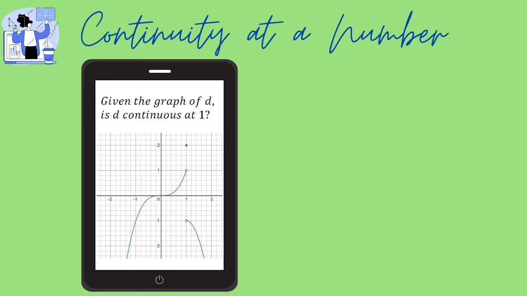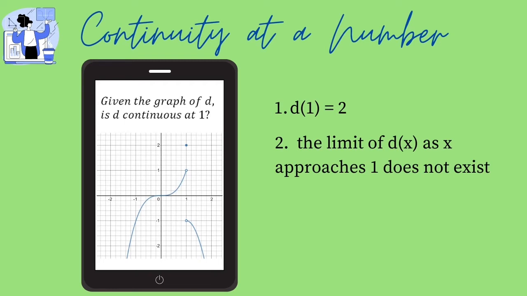We find in the graph that d of 1 is equal to 2, while the limit of d of x as x approaches 1 does not exist, since from the left of 1 the limit is 1, and from the right of 1 the limit is negative 1. Hence, d is discontinuous at 1.